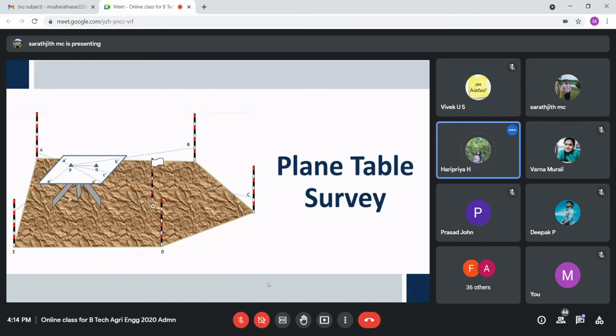So you want to mark the corners, so we can measure the corners. There is one exception, like point Q, that is not at the corner.